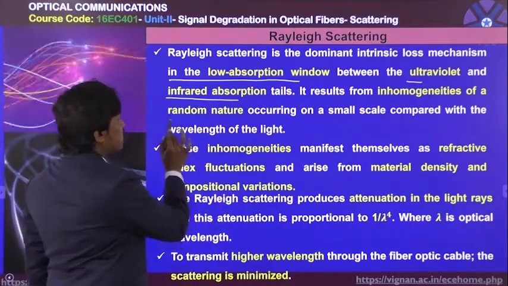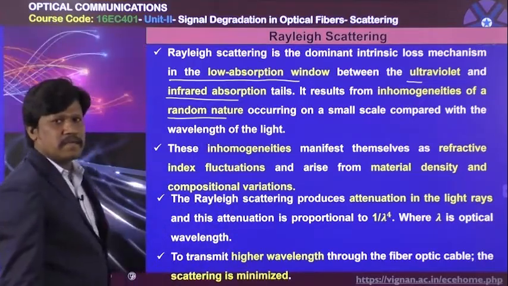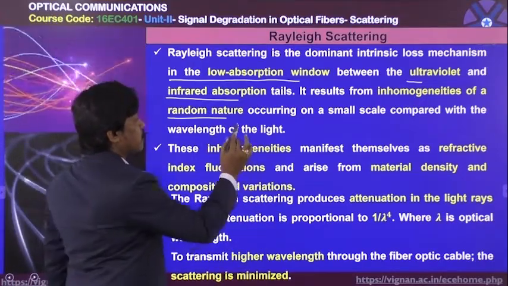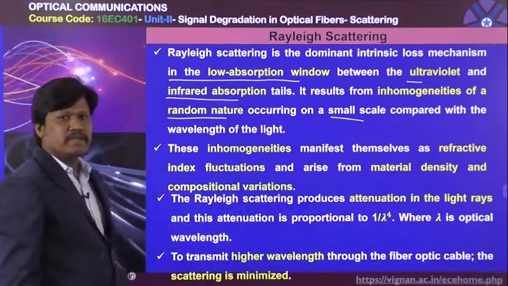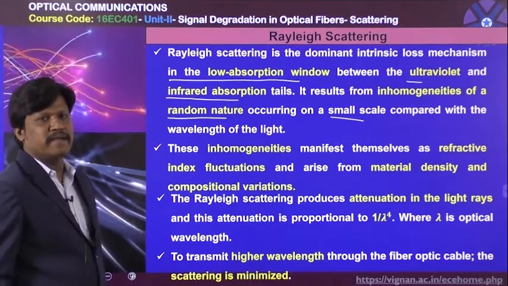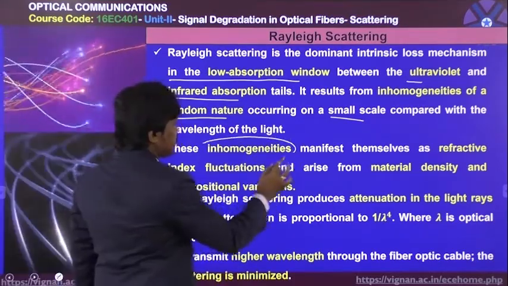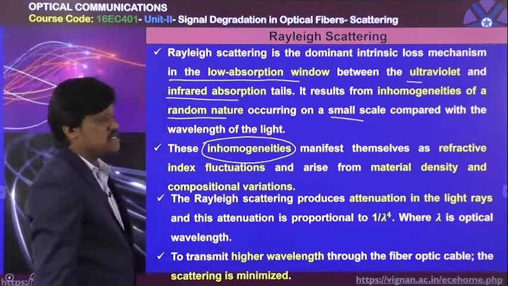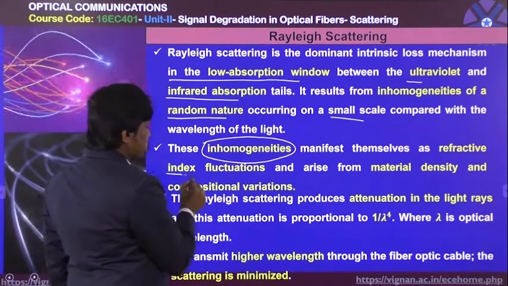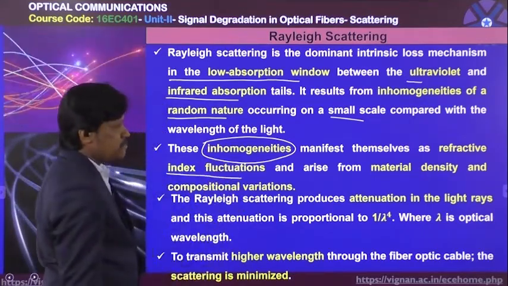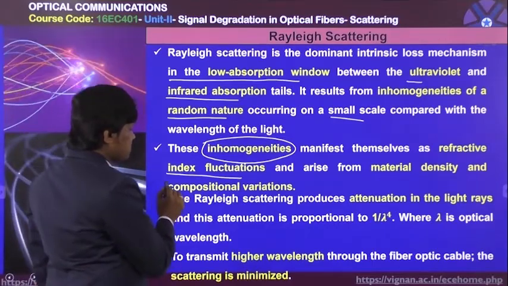It results from inhomogeneities of a random nature occurring on a small scale compared with the wavelength of the operating light or signal. These inhomogeneities manifest themselves as refractive index fluctuations and arise from material density and compositional variations.